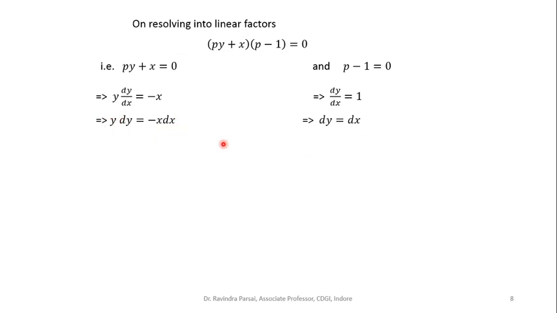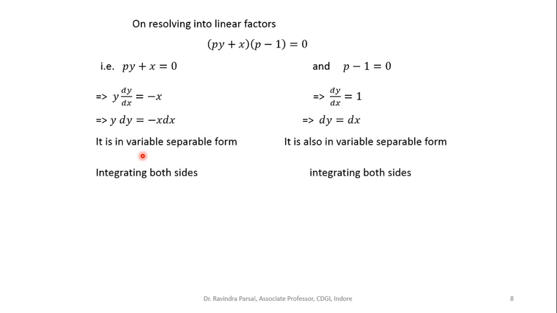Now both are in variable separable form, therefore on integrating both equations, the first equation gives y^2/2 = -x^2/2 + c/2, where c is the constant of integration. Shifting terms to one side, x^2 + y^2 - c = 0, and from the second you will get y - x - c = 0.